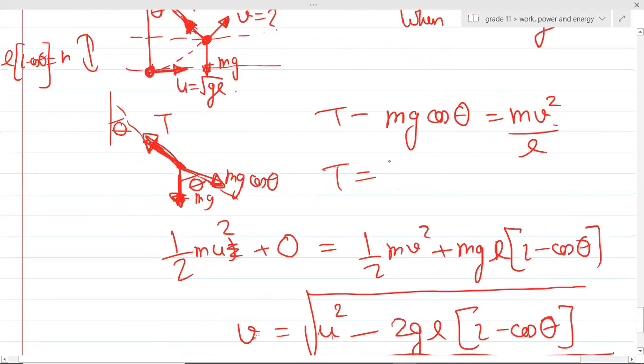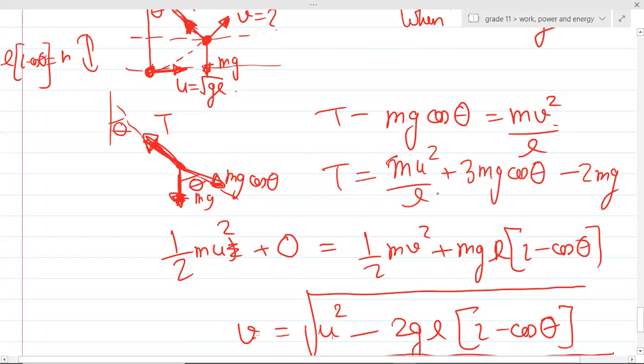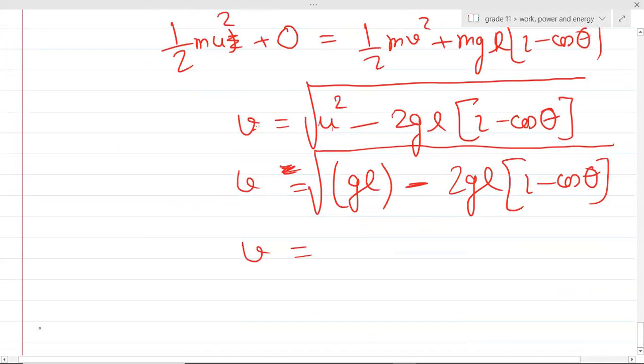So when I solve it, the tension will be mu square by L plus 3mg cos theta minus 2mg. Even if you don't remember the formula, you can derive it at an instant. Now what is the condition given to you? The tension should be equal to mg, right?